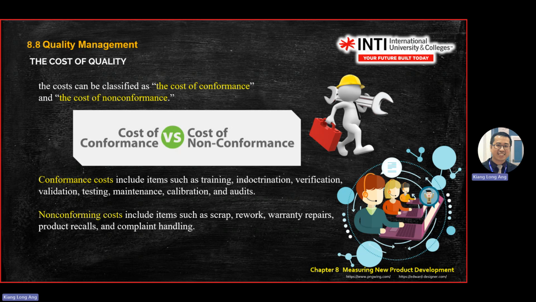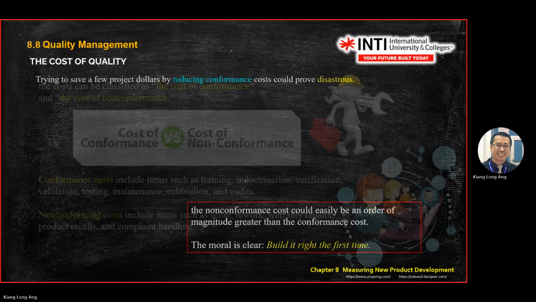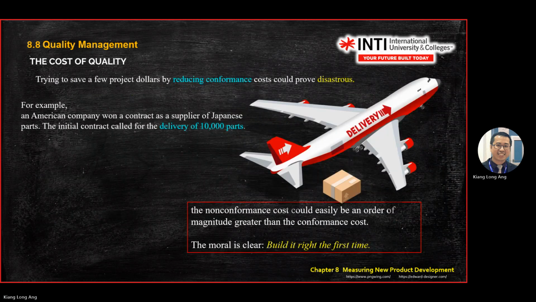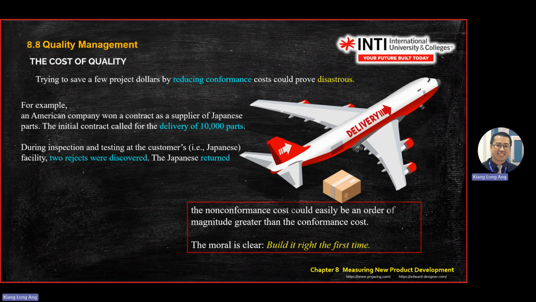Conformance cost is training. Non-conforming is rework, product recall, complaint handling. This one is non-conforming. This one is conforming cost.